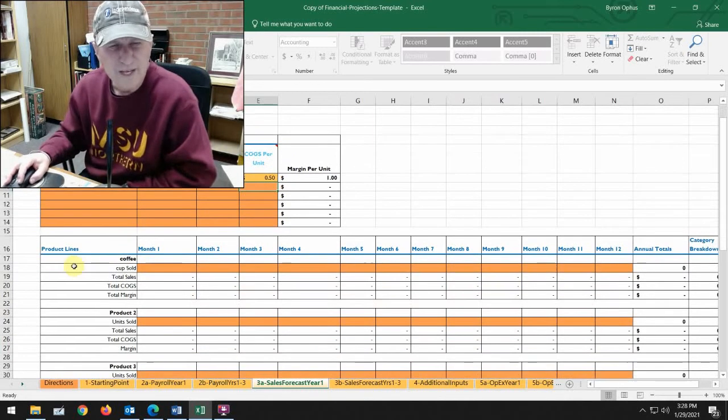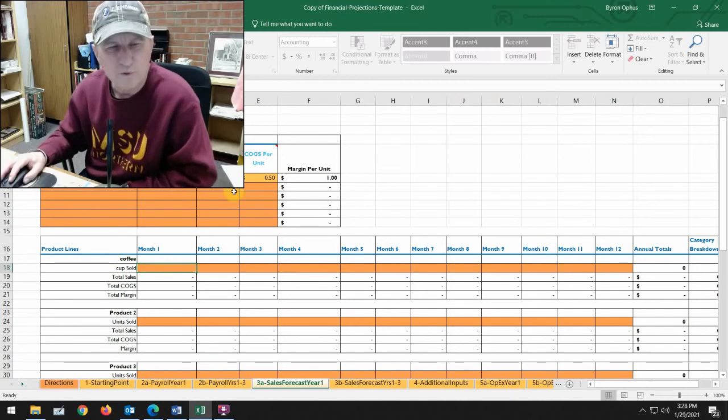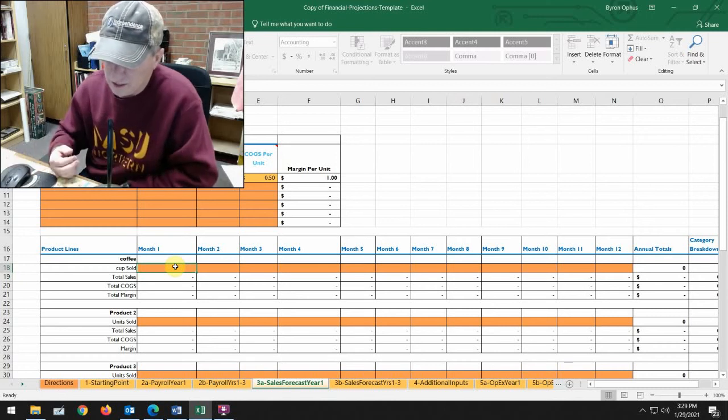Okay. Then you come down here and you can see the coffee came down here. And so, how many of those on average am I going to sell per month? That's what I want to put in here. And it's going to fill in all the rest of it for me. Well, let's see. I like to do this if I'm selling it per day.